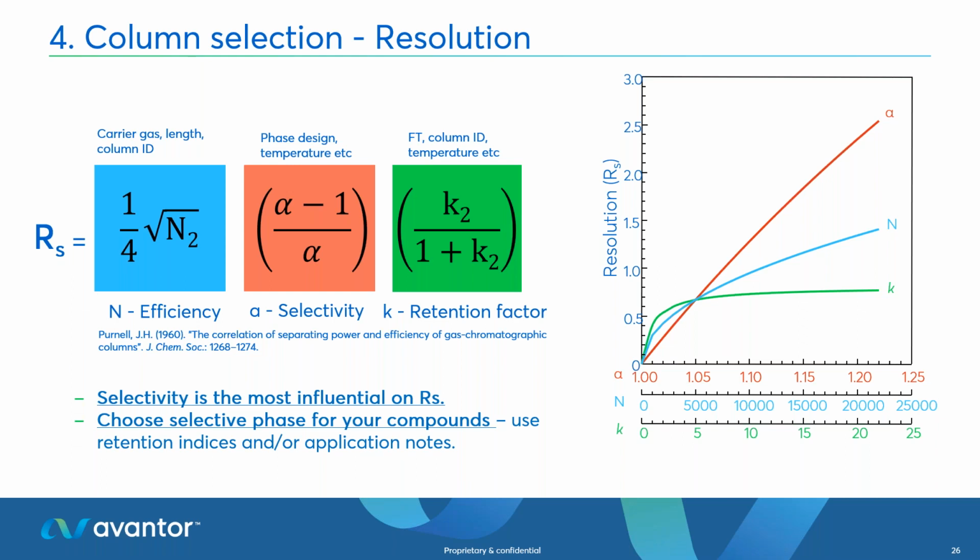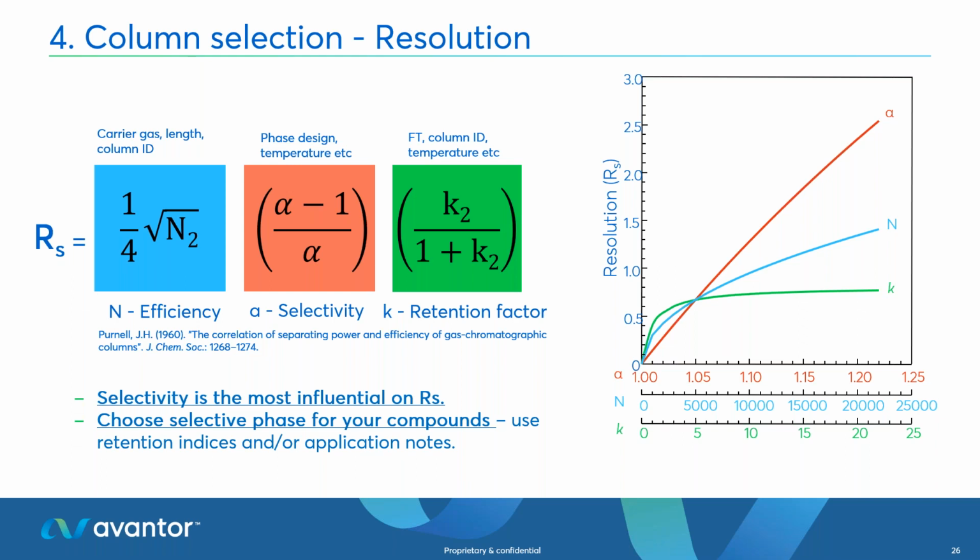So when we're choosing an appropriate column phase that's selective for what you're looking at, you can check this through retention indices. You can have a look at application notes and look at the retention between 2 compounds of interest, 2 peaks of interest. And then the selectivity is the distance between these 2 retained compounds.